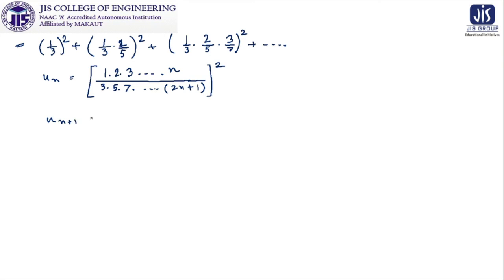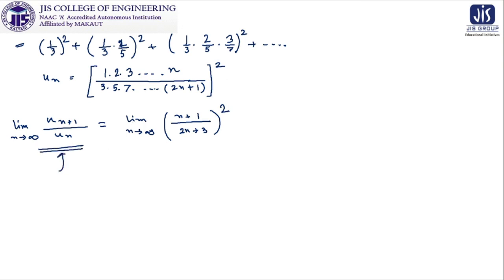So limit n tends to infinity of un plus 1 by un, the calculation and simplification gives us limit n tends to infinity of n plus 1 by 2n plus 3 whole square. Please do this calculation and simplification.